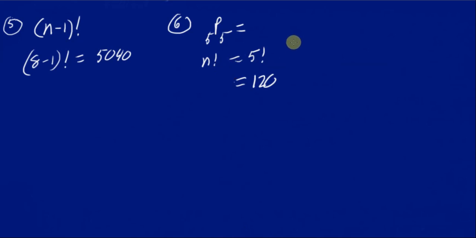All right, number 7. How many arrangements of the letters in the word statistics? Well, it's a linear permutation of those letters, so that's going to be n factorial, but I have to divide out the repeats. The total number of letters is going to be 10.